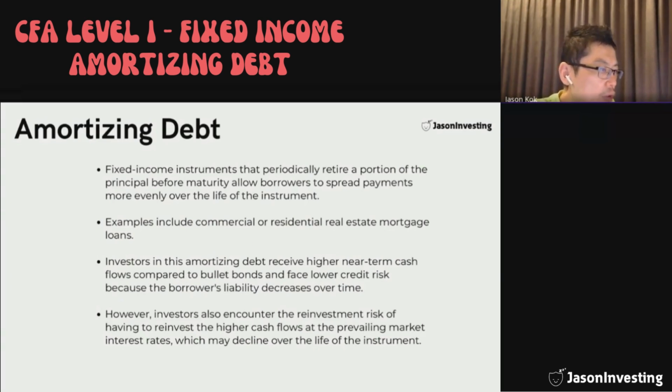For a mortgage loan, it's because the people that are actually borrowing are normal people and not companies, and it's for the purpose of purchasing a property, which is eventually a property that you are going to live in yourself. So it makes sense that you fully pay the loan after a certain number of years.